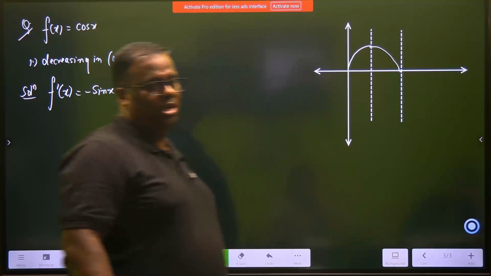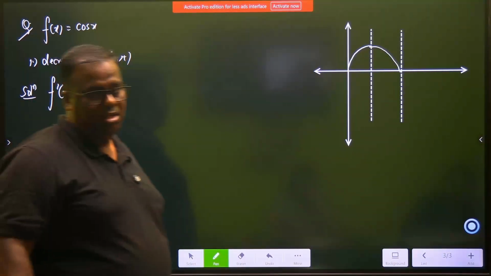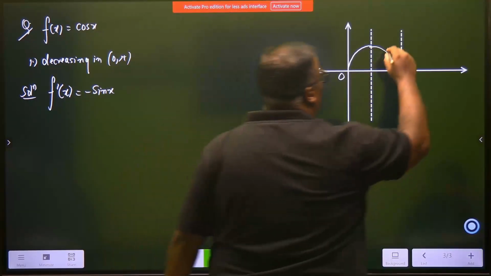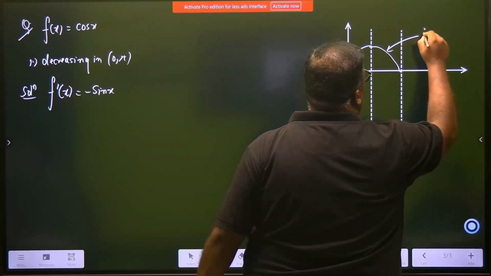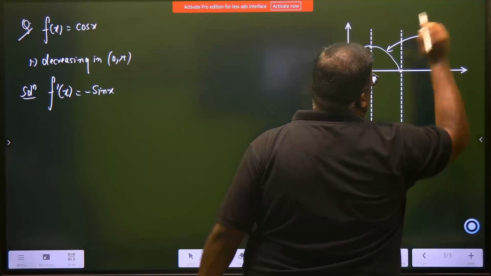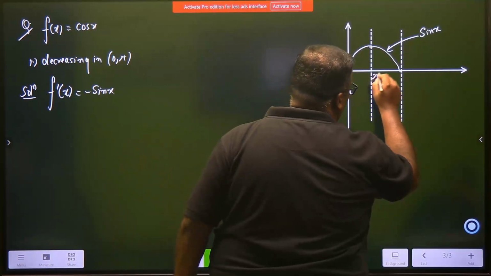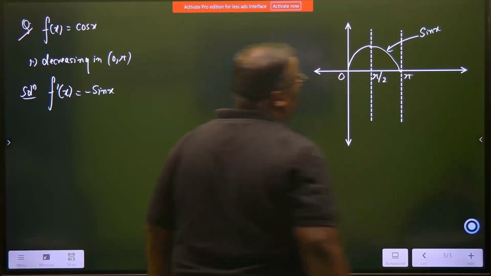This is 0 to pi, right? This is the function of sine x, not minus sine x. This is pi by 2. This is pi.